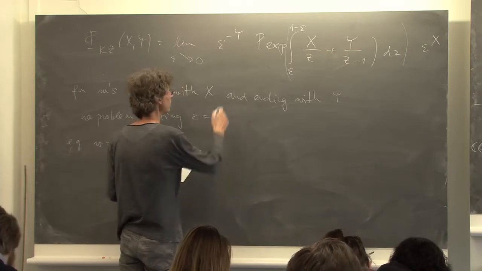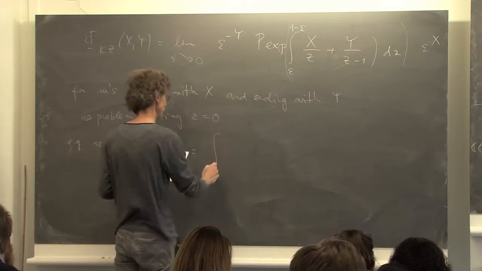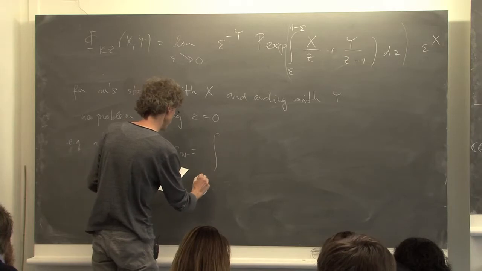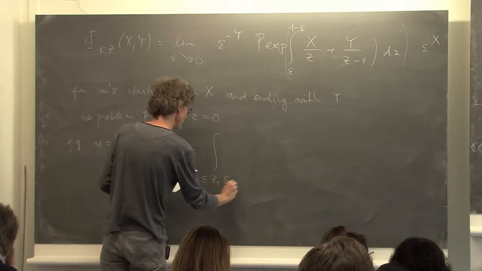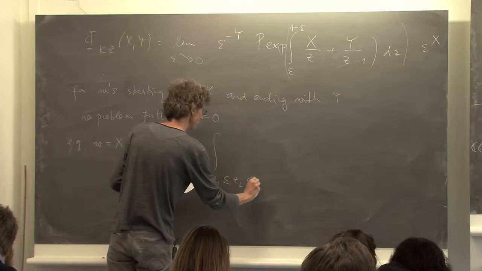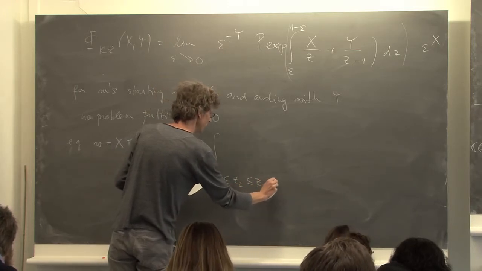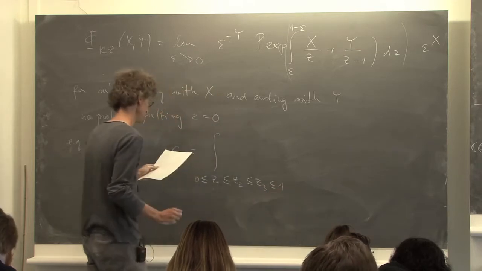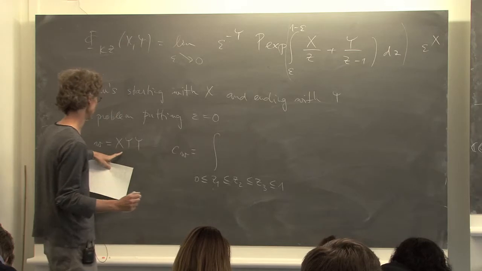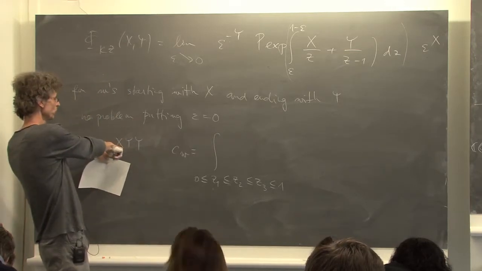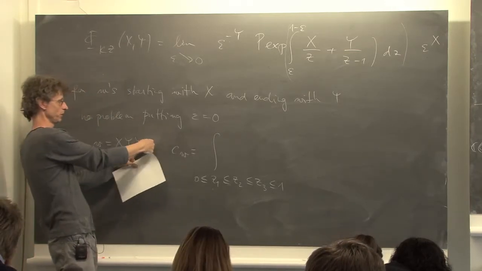is the integral, where there is this ordered exponential, which means that there's an integral over some ordered region, z1, z2, z3 smaller than 1. The last one that we're going to meet, well, this composition is written from right to left.